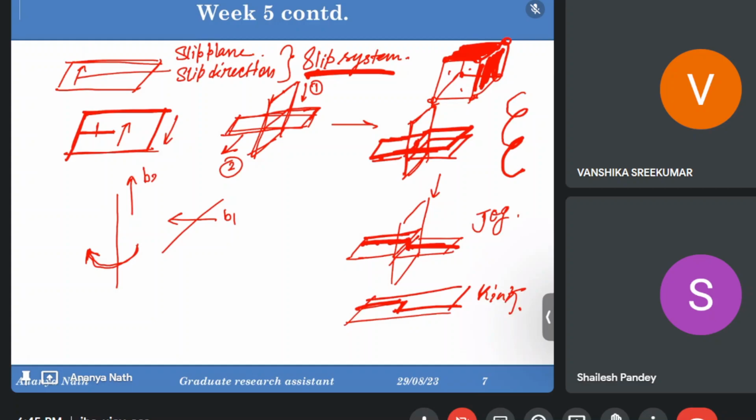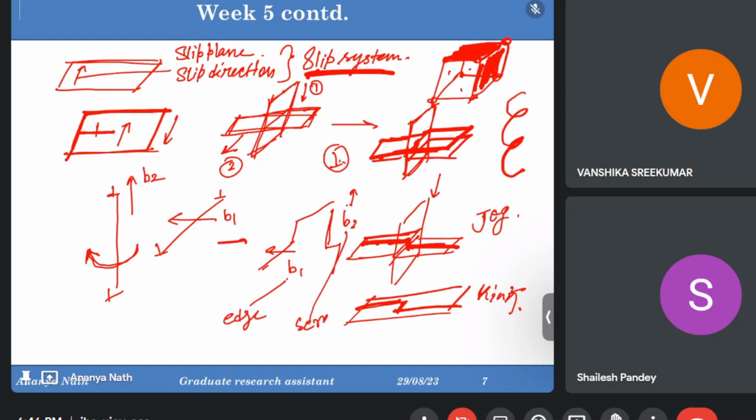This is b1, this is b2. This is the symbol of the dislocation, mainly the extra half plane. So as a result, there is a breakage in both the dislocations. This is the edge, this is the screw.